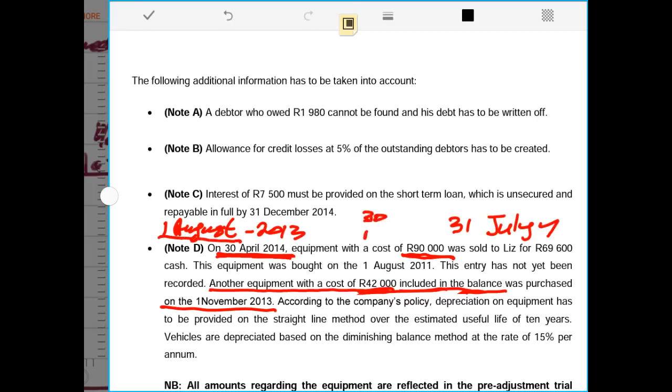We are calculating months from the beginning of the year until the date the asset was sold. If you count the months, it will be August, September, October, November, December, January, February, March, April. Therefore, that will be 9 months.